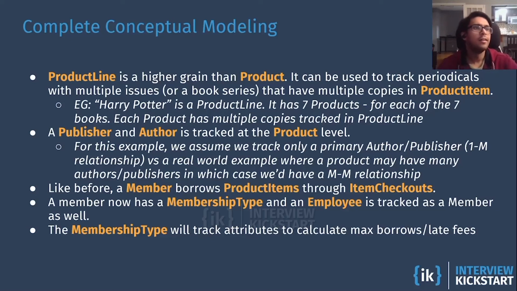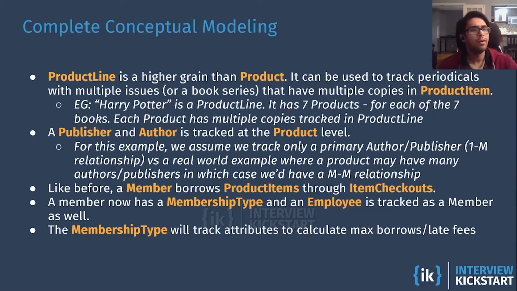Product line, which is a higher grade than product, is going to track periodicals, or we used Harry Potter as an example to explain what the relationships are. Publisher and author is tracked at the product level, and we have an example there we talked about.